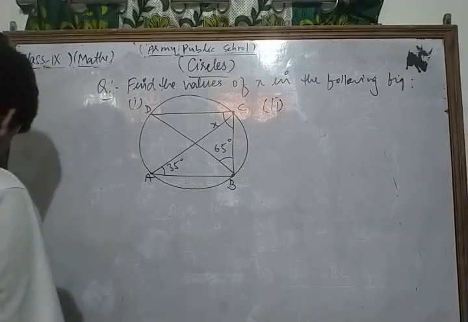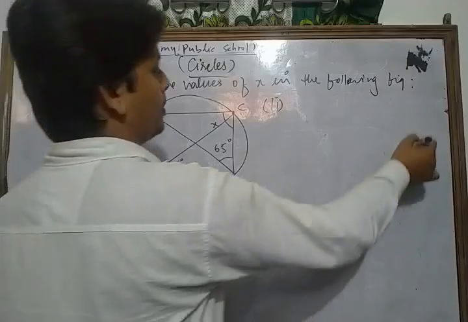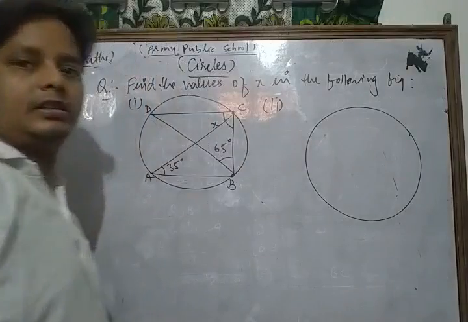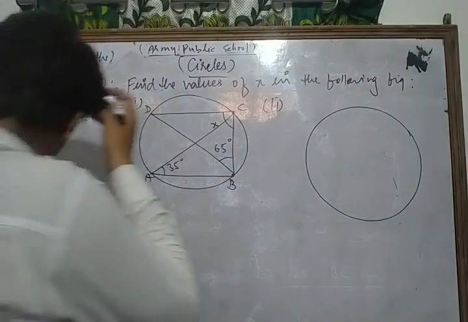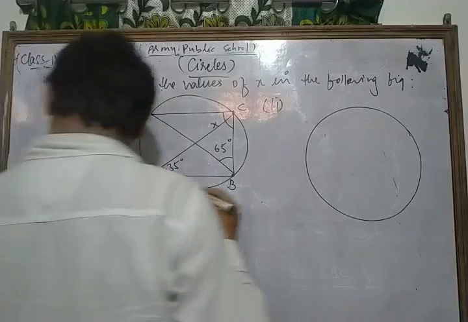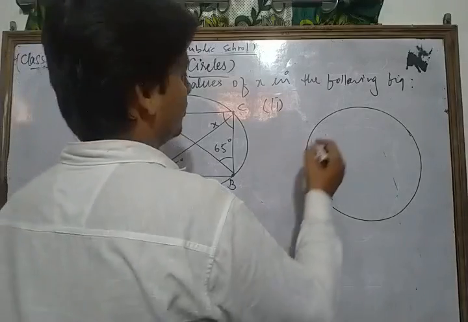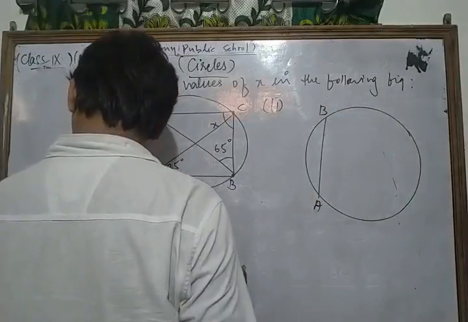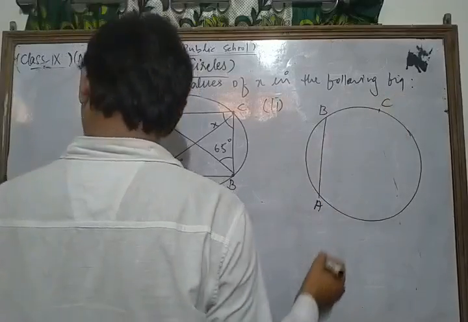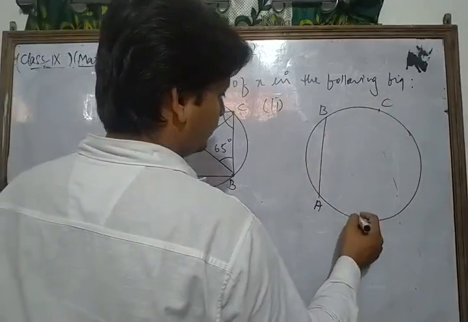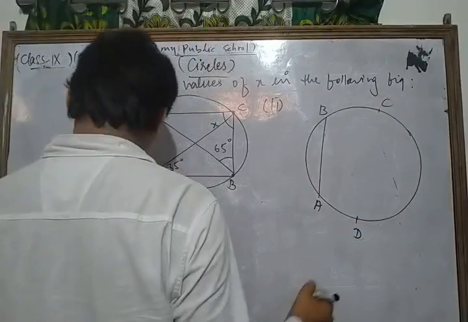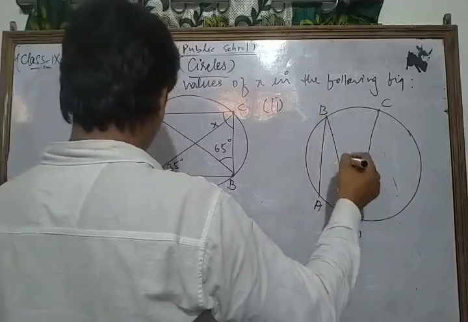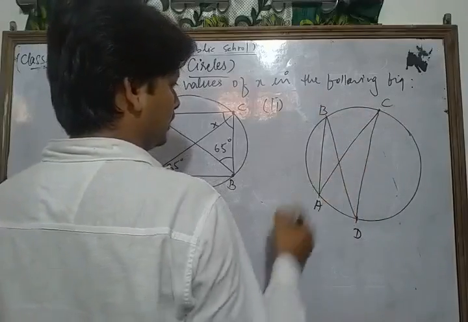The second figure is what? This is a circle. Here A, B. Here this is C. This is D. Okay. We join BD and AC.